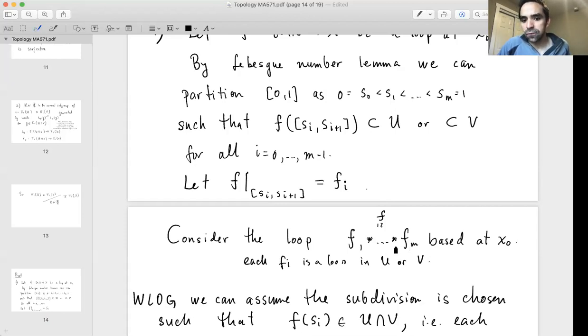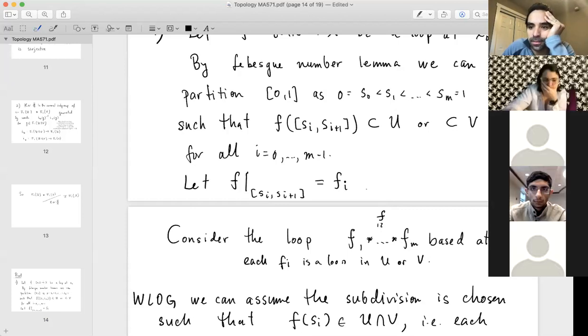This is the same as f, although not quite the same, because how do I define this multiplication of loops? Remember, I split it at 1/2 and so on. So it's homotopic to f. It might be off by a reparametrization.